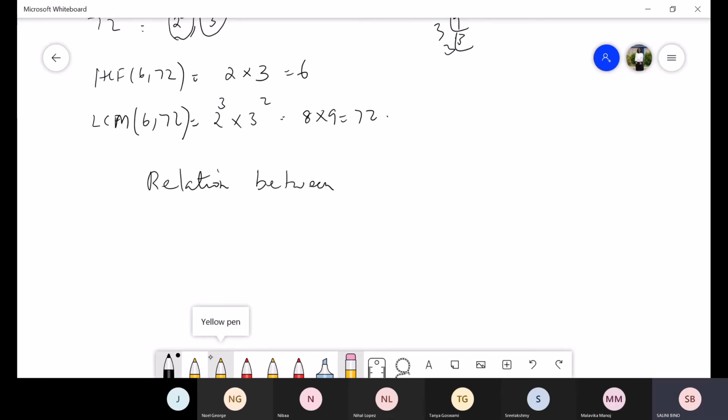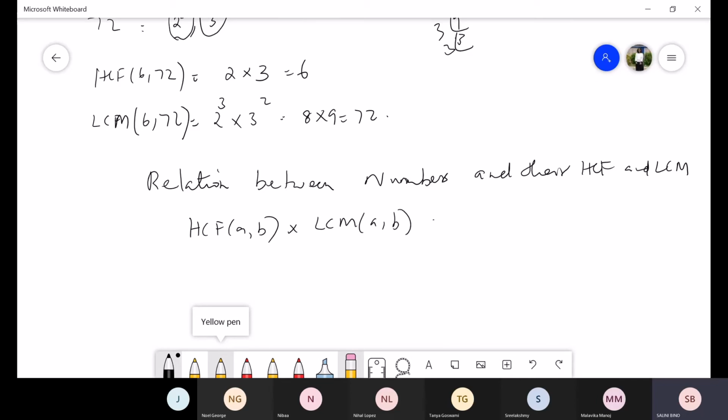If I am taking two numbers, for example small a and small b, there is a relation between a and b with their HCF and LCM. This part is very easy actually. HCF of a and b into LCM of a and b is equal to the product of the 2 numbers. This is the relation.